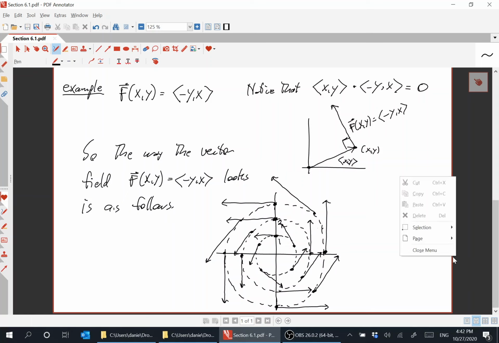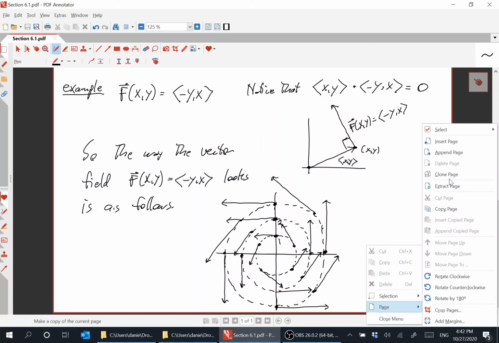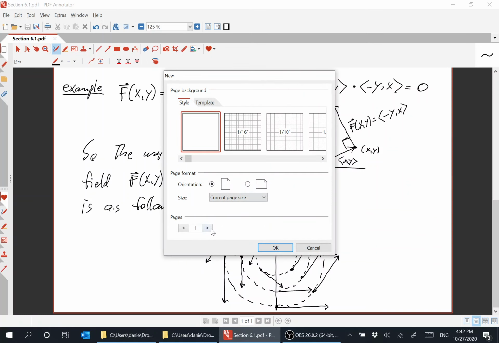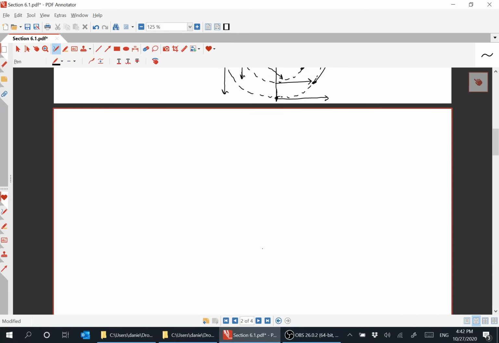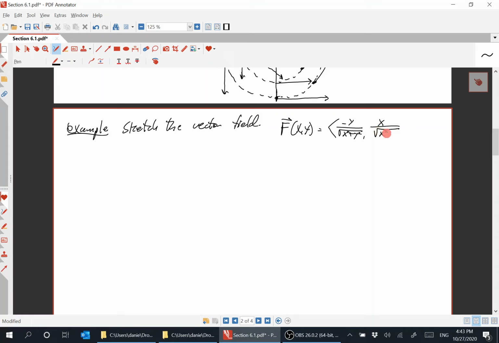How about the following? Something a little similar to that. What would this vector field look like? Sketch the vector field F of x, y equal to minus y over square root of x squared plus y squared, x over square root of x squared plus y squared.